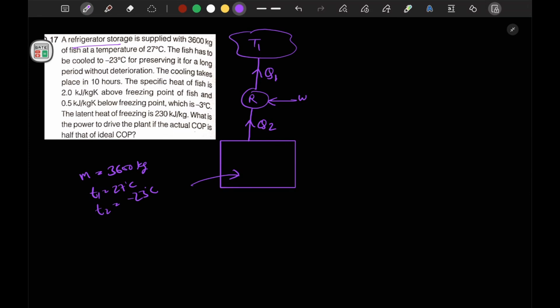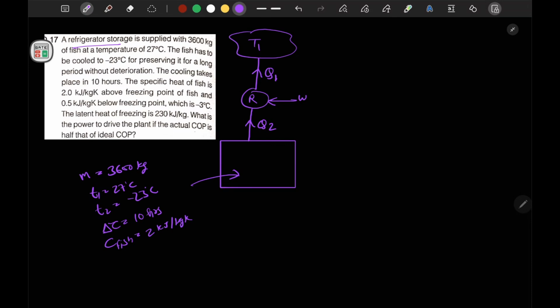The cooling takes place in 10 hours, so time taken delta tau is equal to 10 hours. The specific heat of fish is given, C of fish is equal to 2 kilojoule per kg Kelvin.